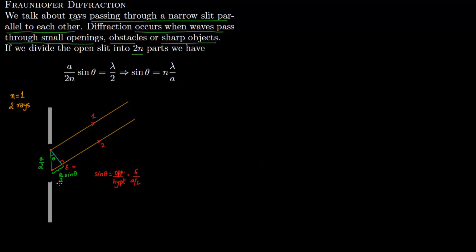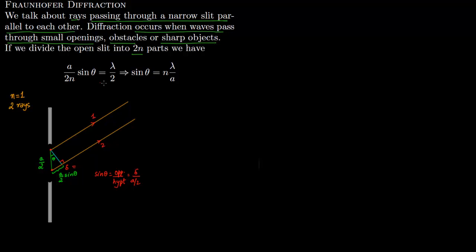This also gives you delta as a by 2 sine theta. Now for 2n rays, or dividing the open slit into 2n parts, instead of a by 2 you can write a by 2n, because then these rays will become very close to each other.